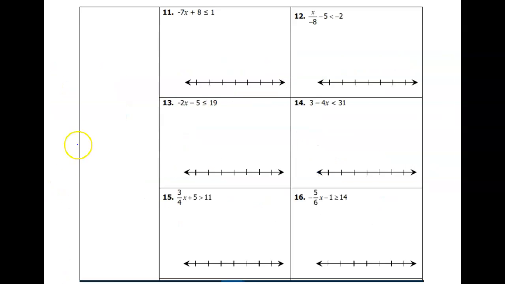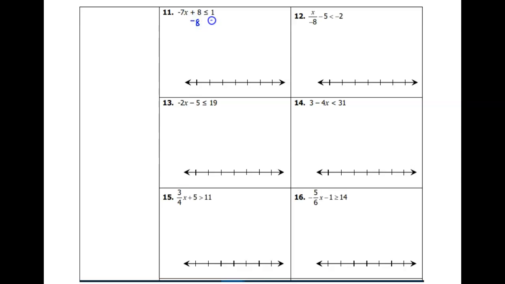Here we go, guys. Let's look at 11. We get -7x plus 8 is less than or equal to 1. Guys, we need to undo the addition first. Do the same thing, which means I got to subtract 8 on both sides.